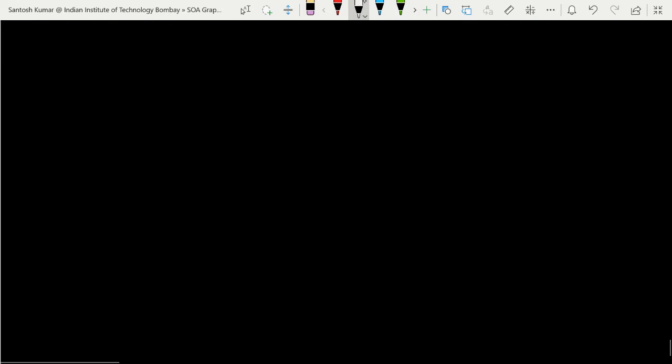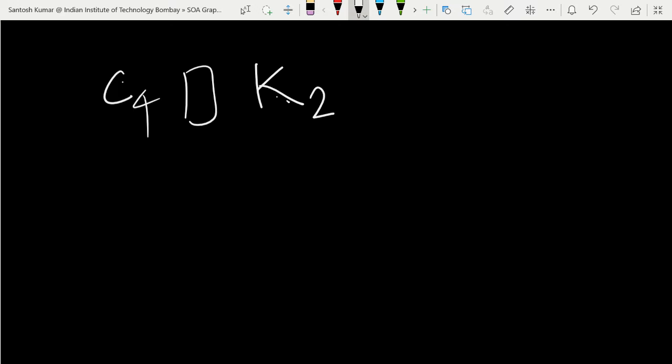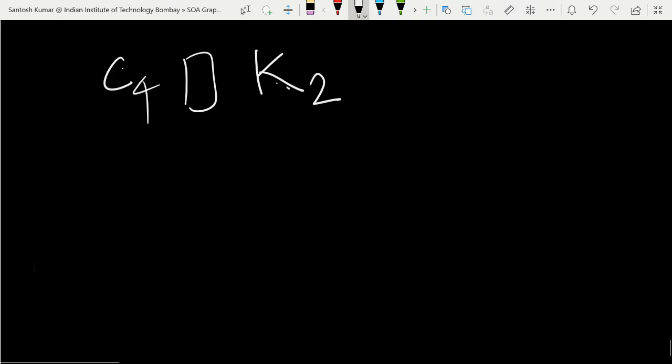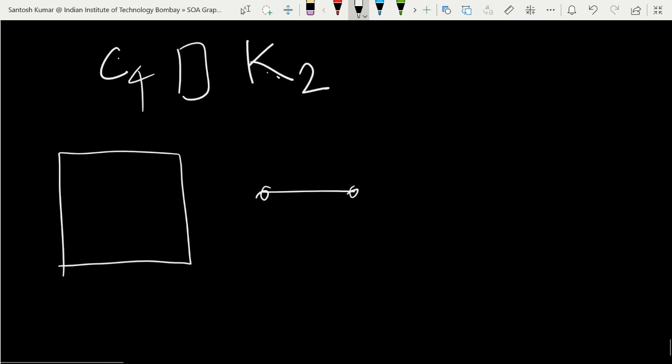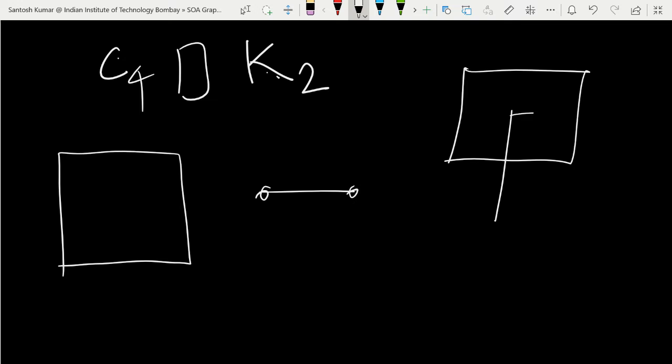What if we think of C4 Cartesian product with K2? Okay, C4 Cartesian product with K2. C4 and K2, you know. If you do the Cartesian product, it will be like this.